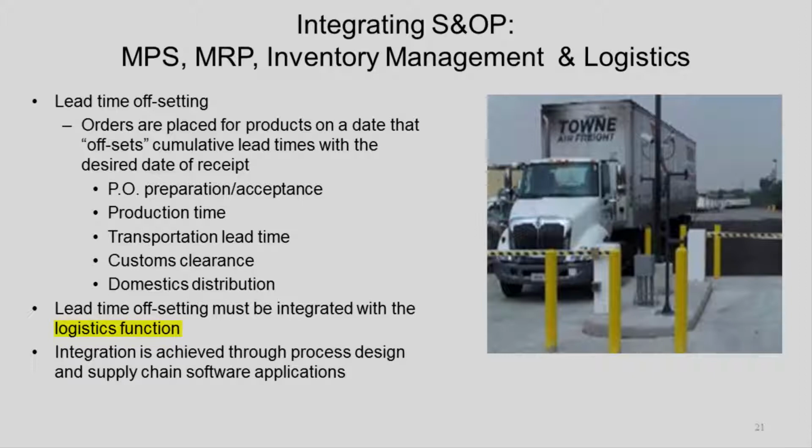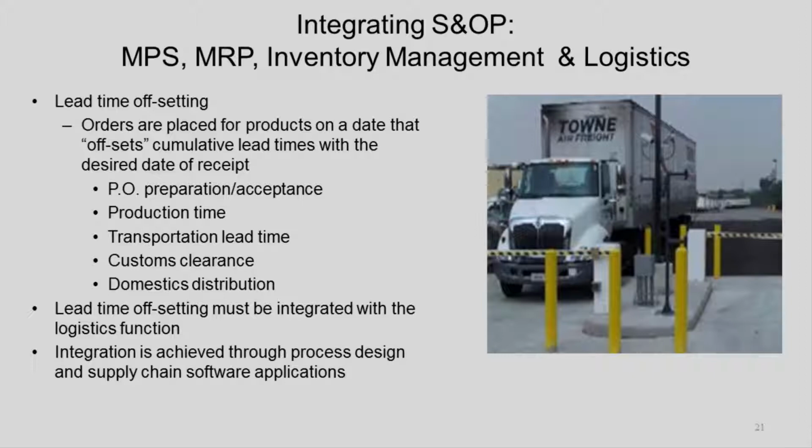Much of what constitutes cumulative lead time are logistics functions. International transportation, customs clearance, domestic distribution, those are all clearly logistics-related functions, and we have to integrate with the MRP function and purchasing colleagues to make sure that things work right.